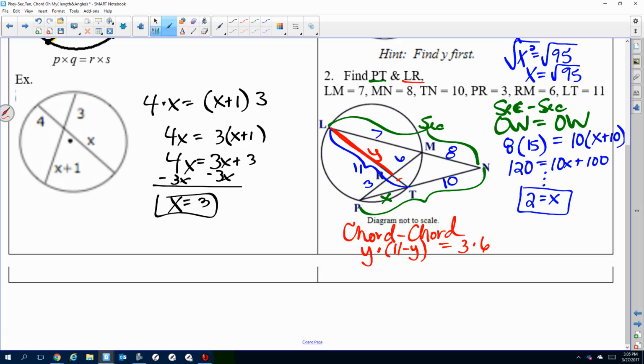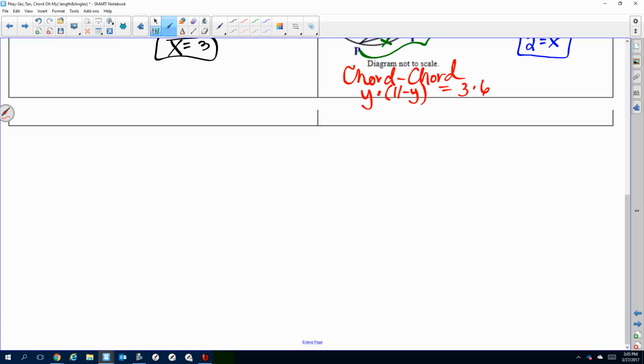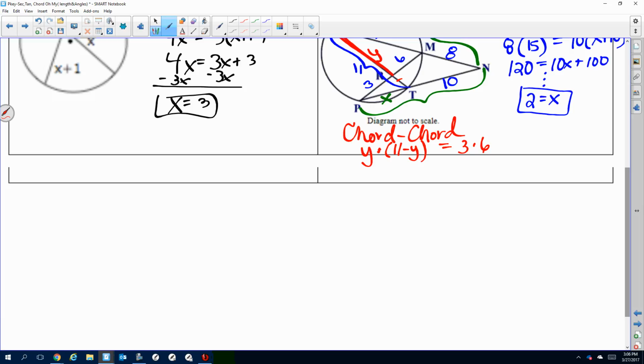Multiply those parts. This turns into a quadratic, because when you distribute, you get 11y minus y squared equals 18. To solve it, we want the leading term to be positive, so I'm going to move everything over to the right. So y squared minus 11y plus 18 equals 0. Now I can factor.